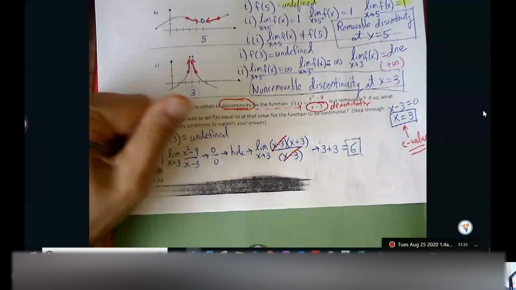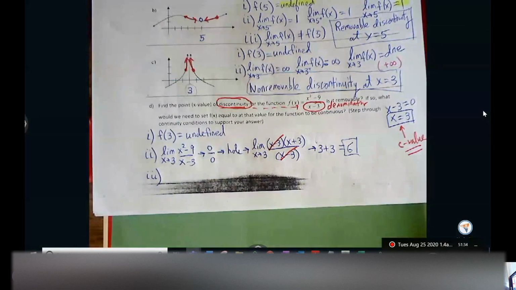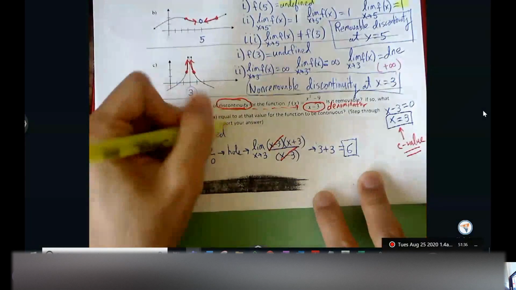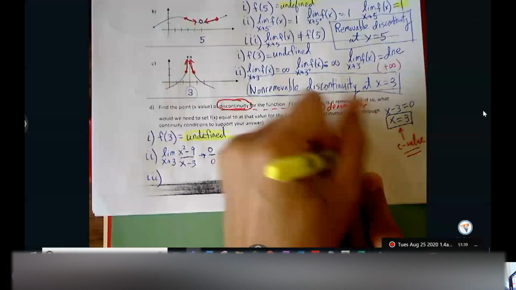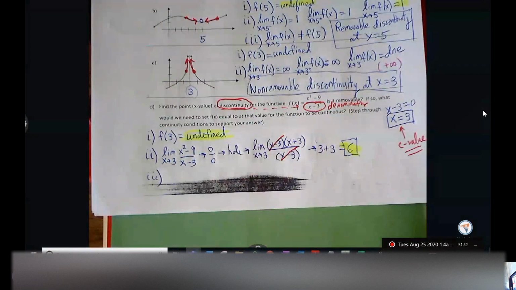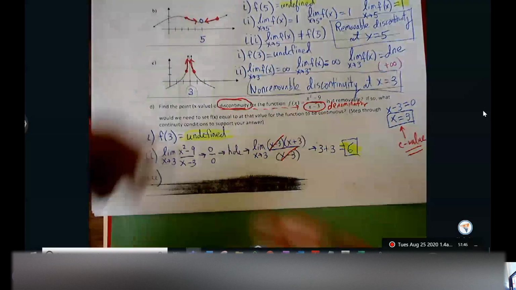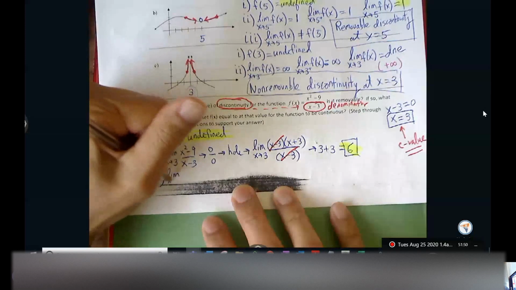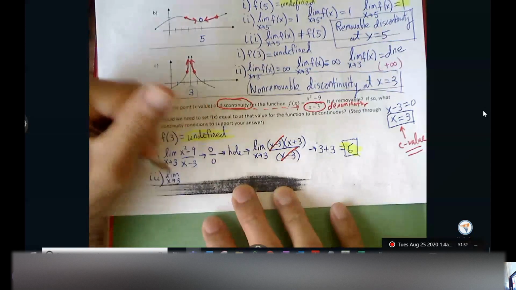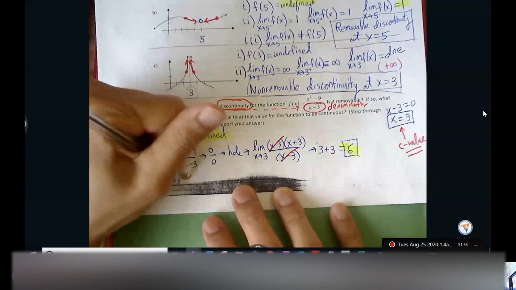So third condition, all we do with the third condition is we're just doing a comparison. Let's look at what we got from the first and the second and see if they are in agreement. If they are, then great. That means our function is continuous. If they're not, like in this case, we know that there's a discontinuity because the limit and the function value disagree.